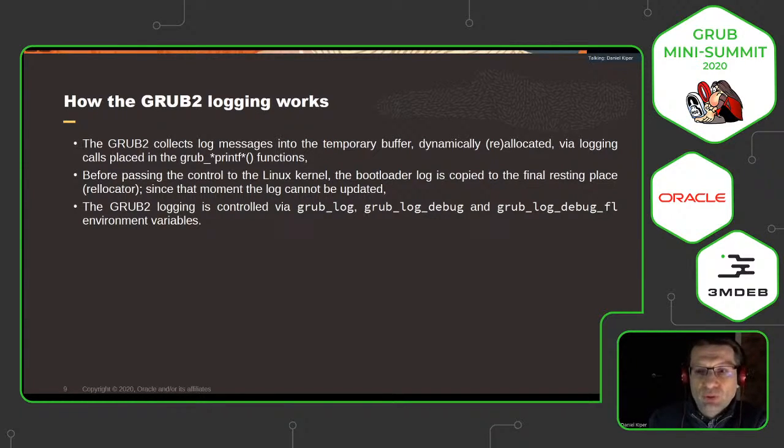And finally, we have a third variable, which is called grub_log_debug_fl. This variable allows you to enable or disable printing of files and line numbers from source code in the log buffer. So as you can see, you have a lot of control over what is printed to the log buffer, and this gives you a lot of flexibility.